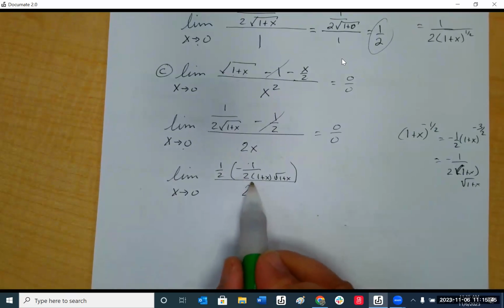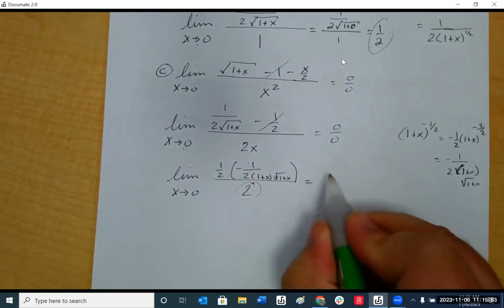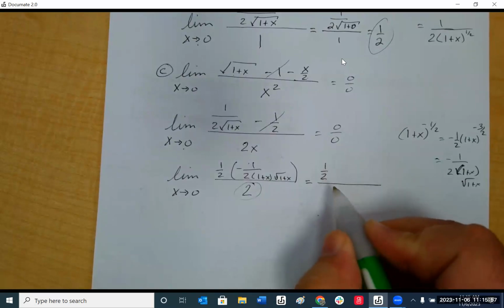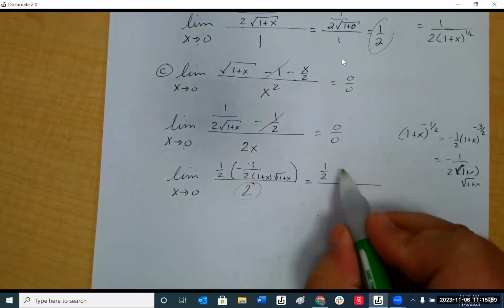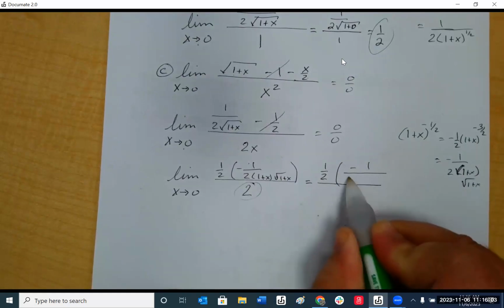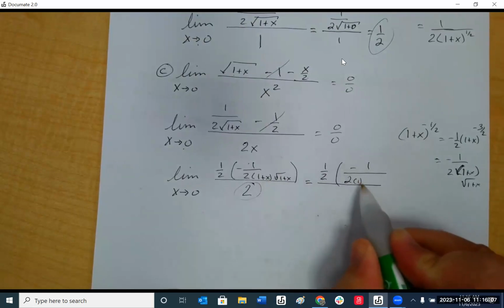Because the denominator is no longer 0, we have to keep whatever this answer is going to be. Put in 0 in place of x, so it's 1.